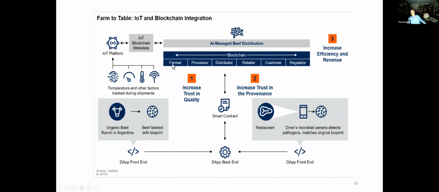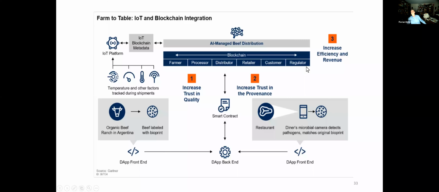The blockchain starts with the first participant, which happens to be a farmer. The farmer grows animals and then sells them to a processor, which kills them and processes them. Then you have a distributor that packages them and distributes them to a retailer, and then you have customers, and then you have regulators.